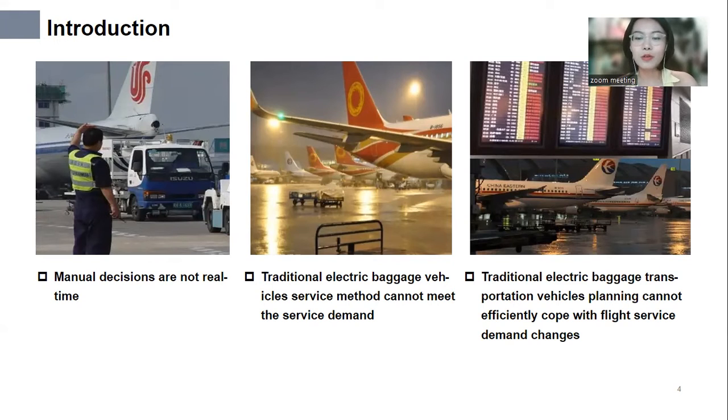First, the manual baggage transportation vehicle dispatching method cannot respond to the demand of large-scale flight baggage distribution in a timely and efficient manner. Then, the traditional way of single vehicle service for single flight is usually adopted.